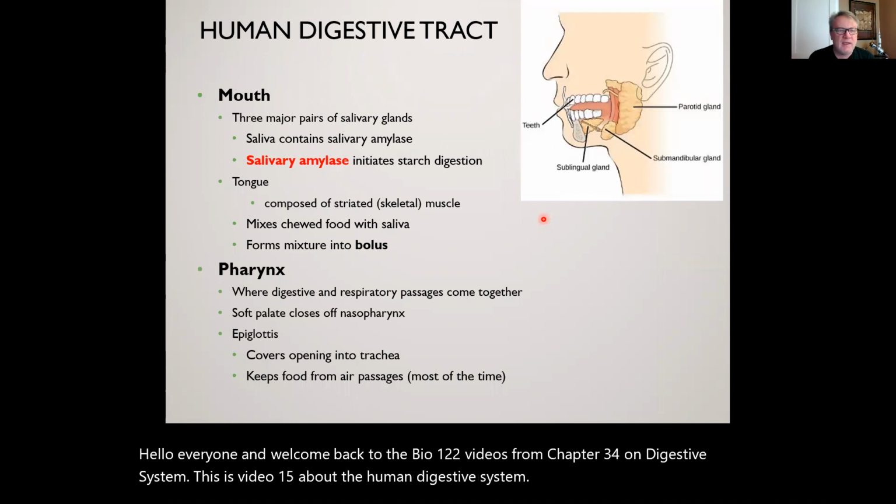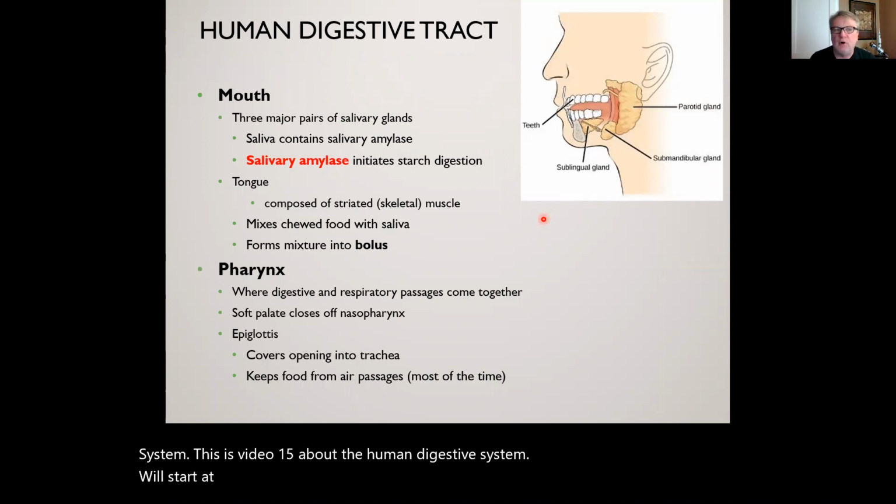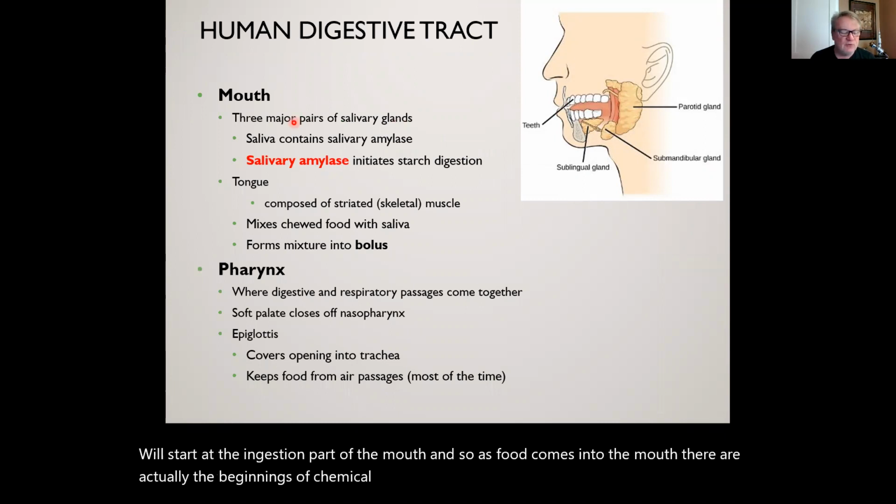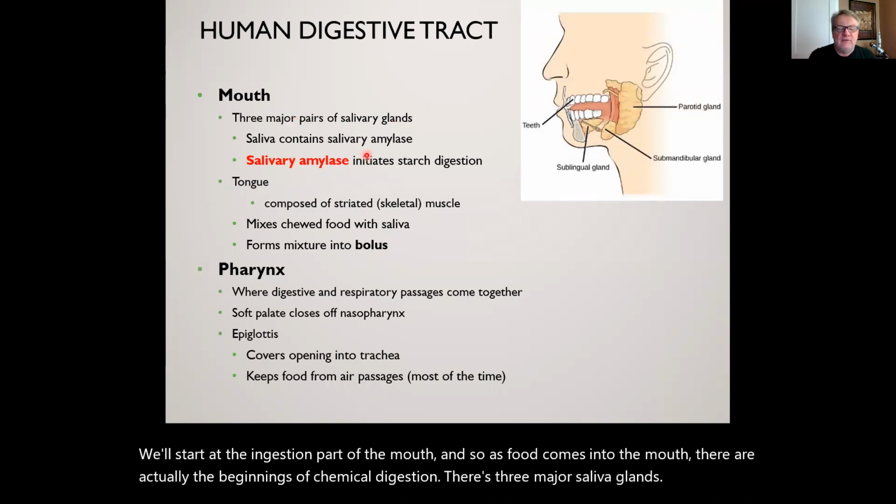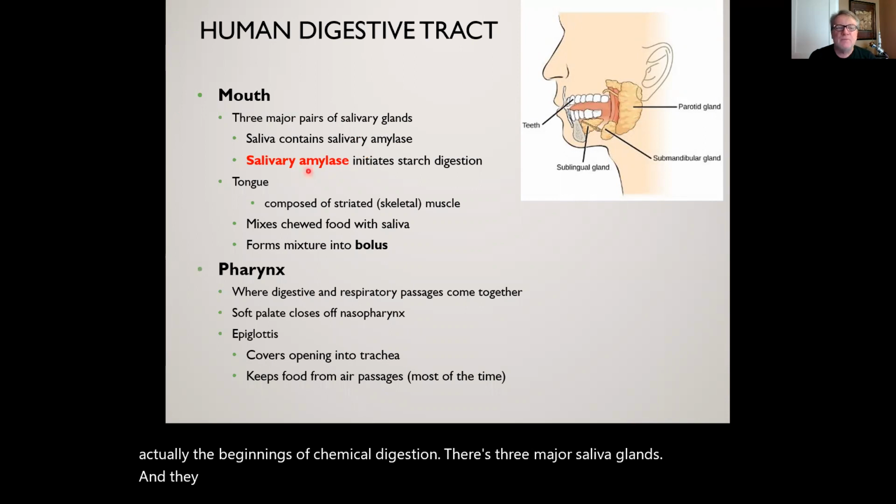We'll start at the ingestion part of the mouth. As food comes into the mouth, there are actually the beginnings of chemical digestion. There's three major saliva glands, and they each release an enzyme called salivary amylase, which initiates the digestion of a type of carbohydrate called starch.